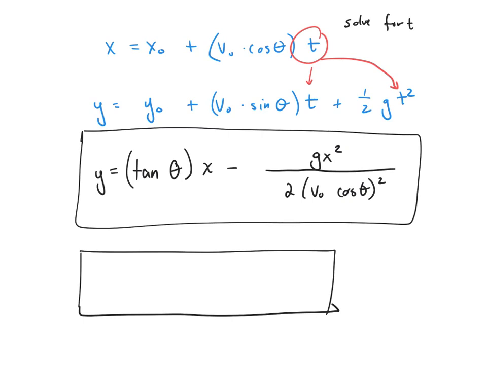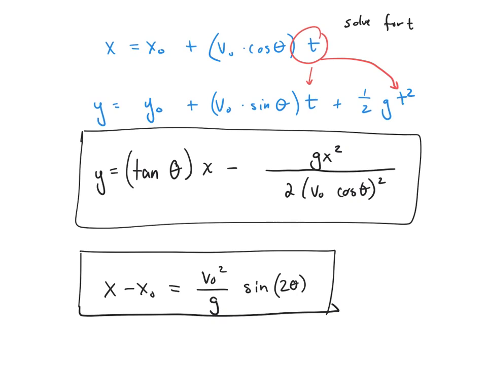So I'm going to write it a little bit differently than your book has it. Again, the book uses r equals, which is fine, range. Range is really horizontal displacement. So I'm going to call it x minus x0 instead.